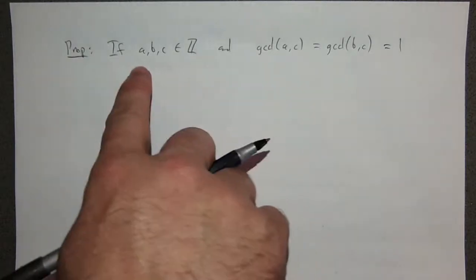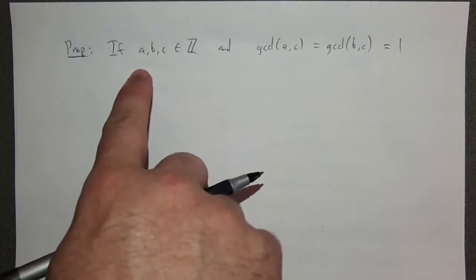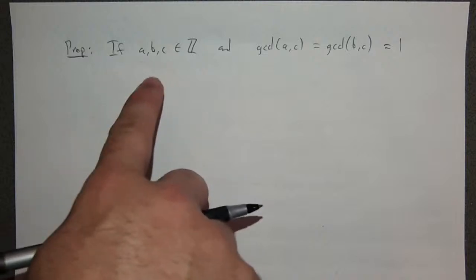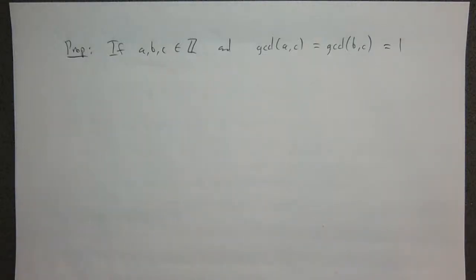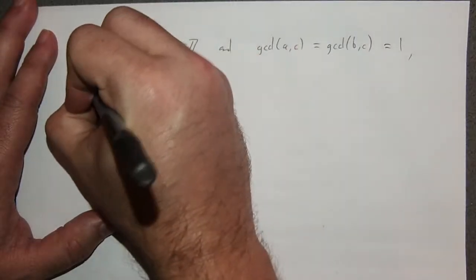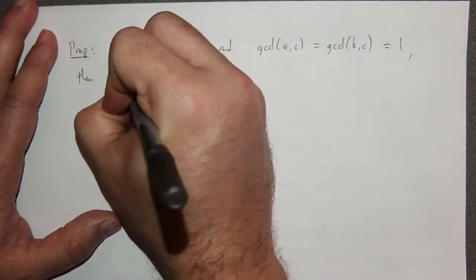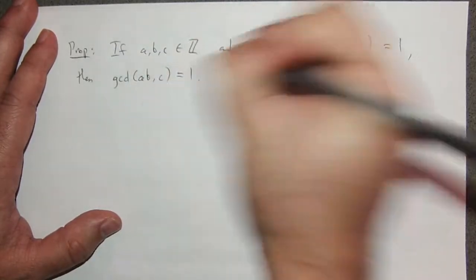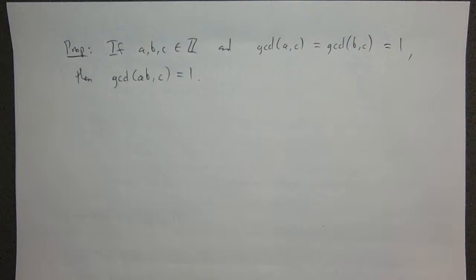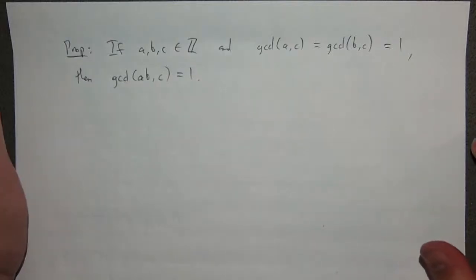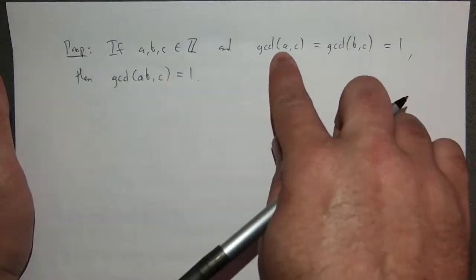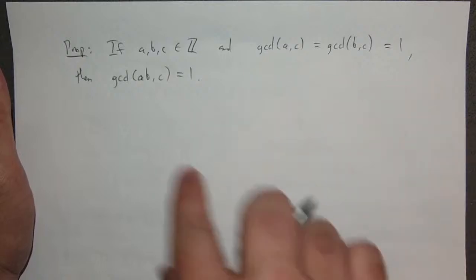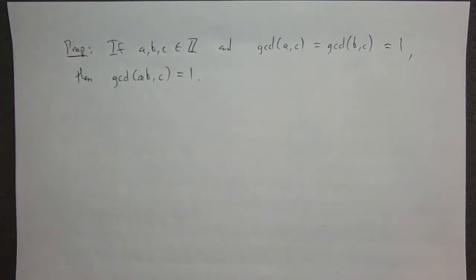Maybe I shouldn't say that they're pairwise relatively prime because I didn't say anything about A and B. So all we know is A and C are relatively prime and B and C are relatively prime. Okay, so then the GCD of AB and C is equal to 1 as well. Okay, so that product is equal to 1. So if A is relatively prime to C, and B is relatively prime to C, then their product is also relatively prime to C. That's what this is saying.